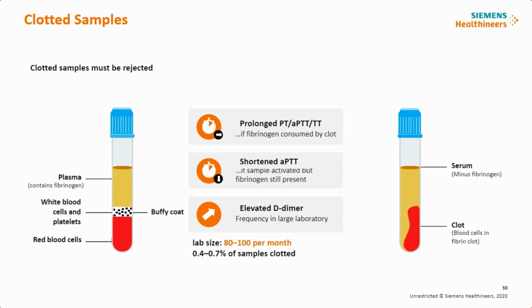But you can also have a shortening of your PTTs, for example, or your PTs, especially if it's a process that's slowly moving toward consuming your entire coagulation proteins. So it's that initial phase. So it's an activated sample.